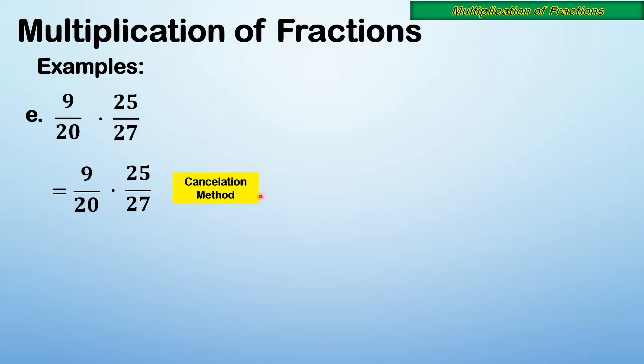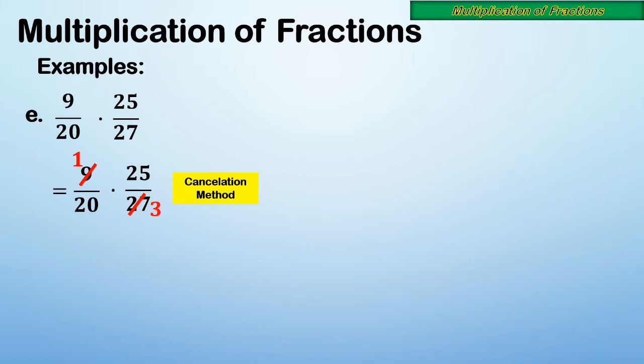Gagamitan natin our first factor and the second factor. Observe the numerator in our first factor and the denominator of our second factor. 9 and 27, what is their GCF? 9. Therefore, 9 divided by 9 is 1 and 27 divided by 9 is 3.